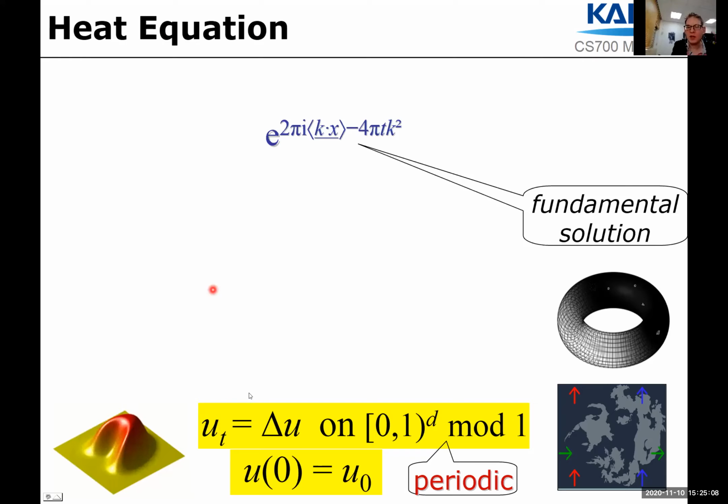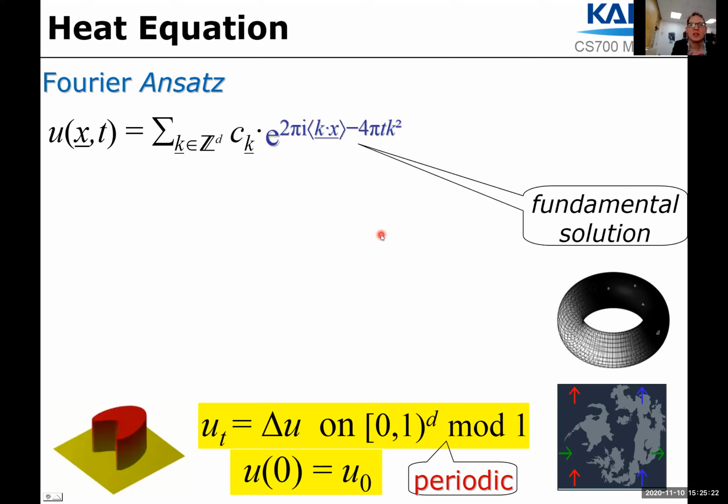And since we have a linear partial differential equation, whenever we have a solution or several solutions, then any linear combination of these solutions will again be a solution. So we make what is known as a Fourier ansatz for the solution, a linear combination with arbitrary real or complex number coefficients ck, where, as you recall, k is this integer vector.